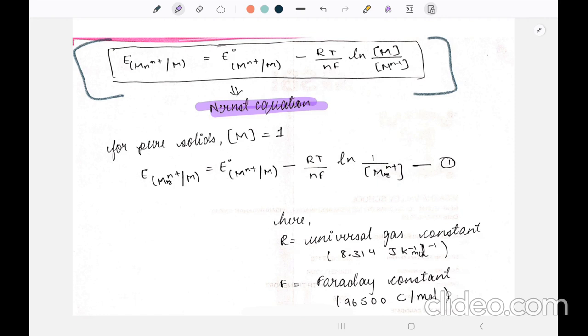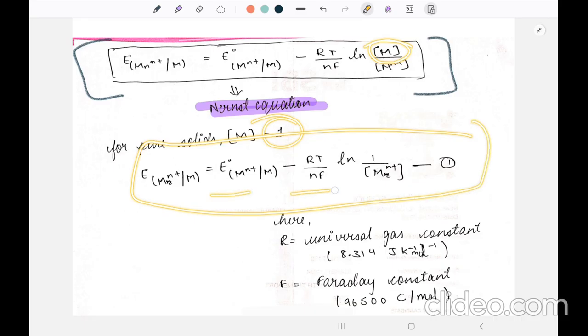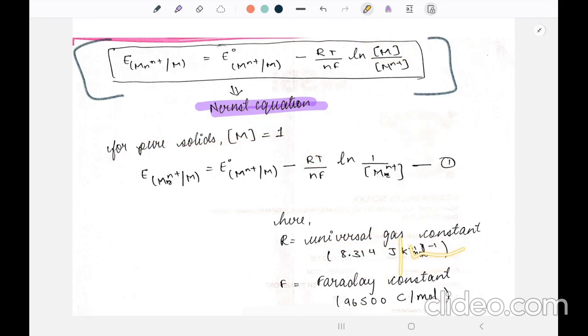And for pure solids, the activity of M is equal to 1. So the equation will become E0 minus RT by nF ln 1 by [M^n+]. Here R is the universal gas constant, which is 8.314 joule per kelvin per mole, and F is the Faraday constant, whose approximate value is 96,500.